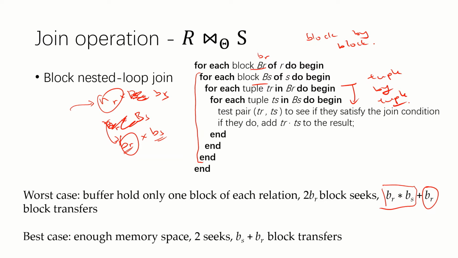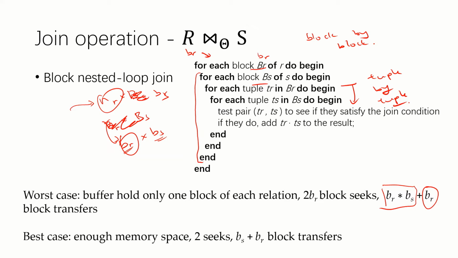So this is for the transfers. How about the block accesses? So for the block accesses, it is interesting. So it will be in fact for the outer loop, it will be br, which is the number of times I need to access the block on the outer loop. And on the inner loop, interestingly, it is also br, because every time I do access of the outer loop, I need to do the similar access of the inner loop.